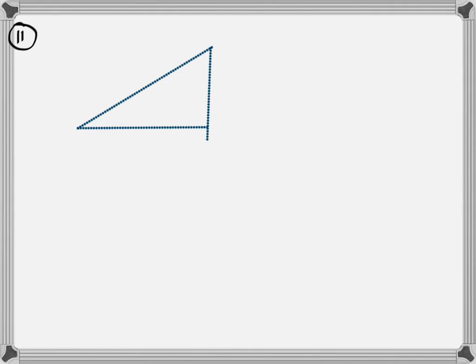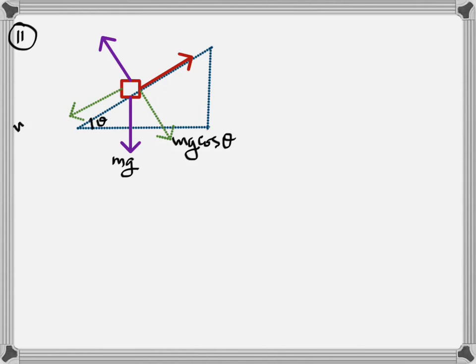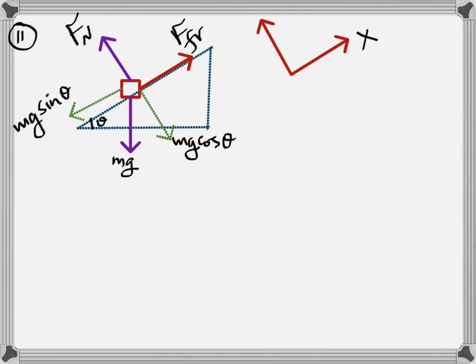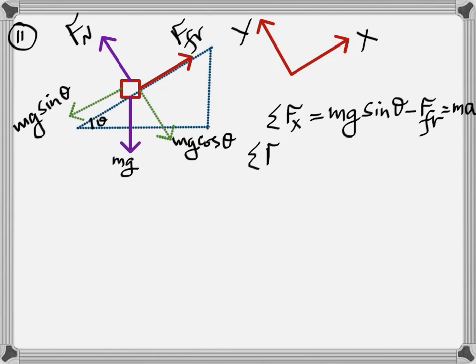11. Weight mg resolved again into mg cos theta and mg sin theta. Normal reaction Fn, and friction is opposite to the motion. That's the x and the y axis. As before, take the forces along the x-axis: mg sin theta minus friction equal to mass times acceleration.